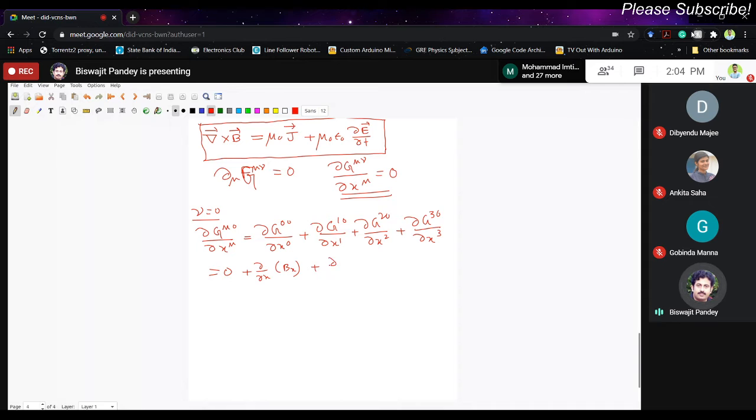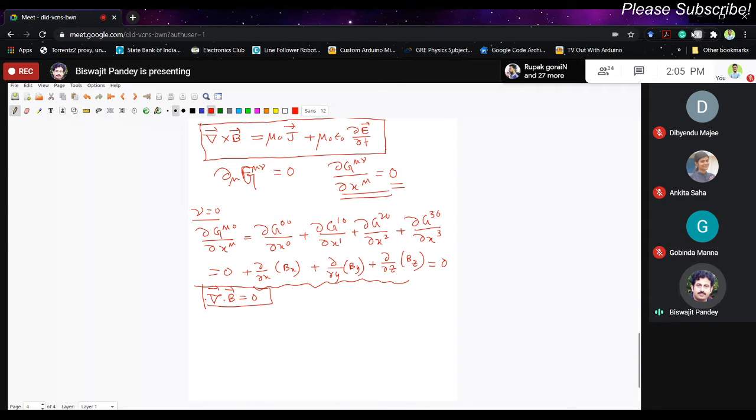So del y of By, and similarly this will be del z of Bz. F30 was Ez by c, so all E by c has to be replaced by B, so this will be Bz. Now you see, this is nothing but divergence of B, right? And this is equal to 0. Already it is saying that on the right hand side it is 0. There are no source term in this equation, so it is 0. So that means we get divergence of B equal to 0 from the second equation, this tensor equation.